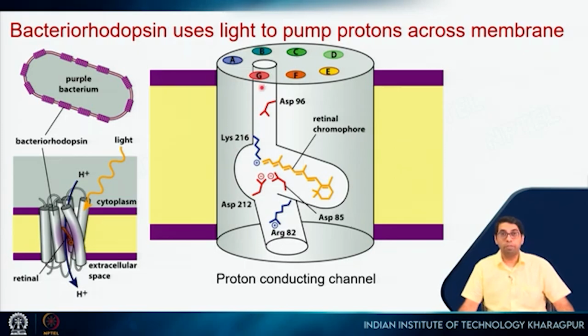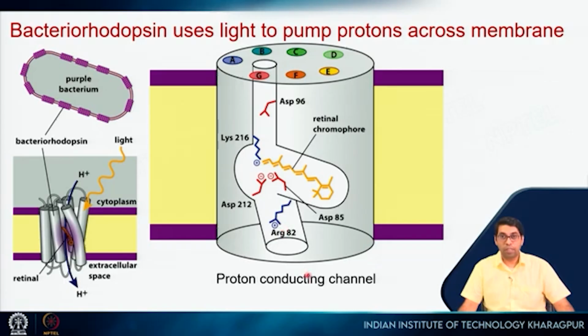Schematically, the protein will look like this. So these are the 7 helices, and there is this proton conducting channel, and you can see that this molecule retinal is almost at the center, and this proton conducting channel is lined with charged residues. So there are aspartic acid, lysine, arginine, right?